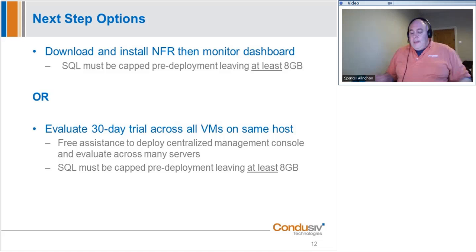For our software to start caching, I would recommend that you make sure that there is at least 4 gigabytes of memory that isn't being used by SQL or the Windows operating system or by anything else. That's 4 gig of unused available physical memory. That would give us roughly a 2 gig cache size.